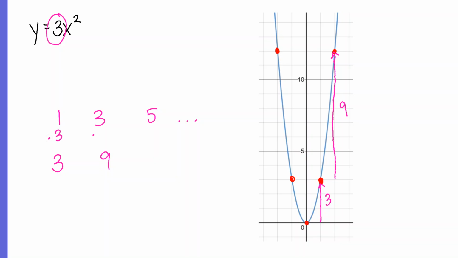It pretty much took that normal pattern and multiplied each of them by 3. So if we wanted to find the next point in the parabola, we would have to start at this point and go up 15 more spaces. So what's nice about this is that if we know the vertex of a graph, we can use that pattern to help us quickly find some other points.